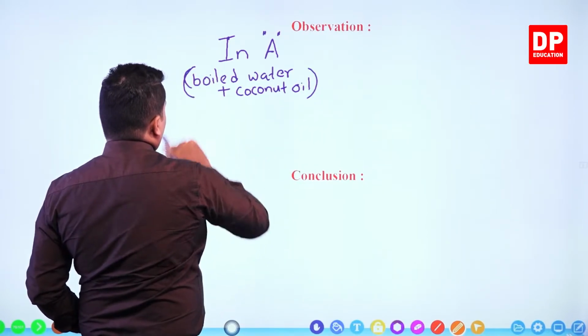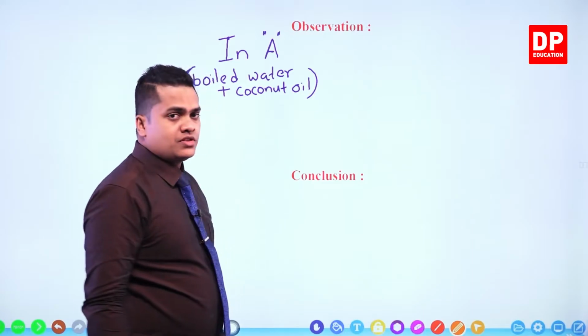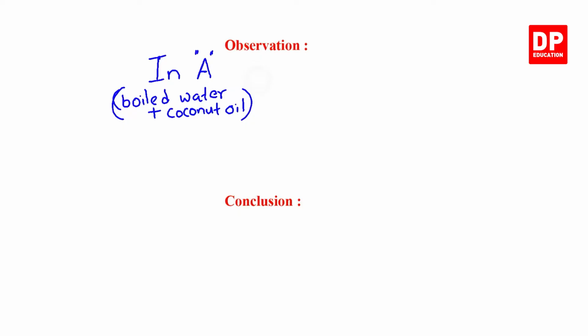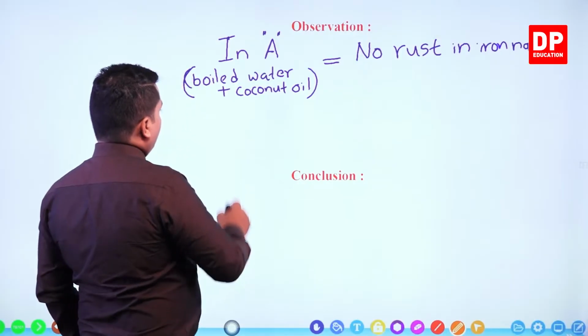Okay, A is the setup which we use boiled water with coconut oil. So in A, no rust. No rust in iron nails, right?